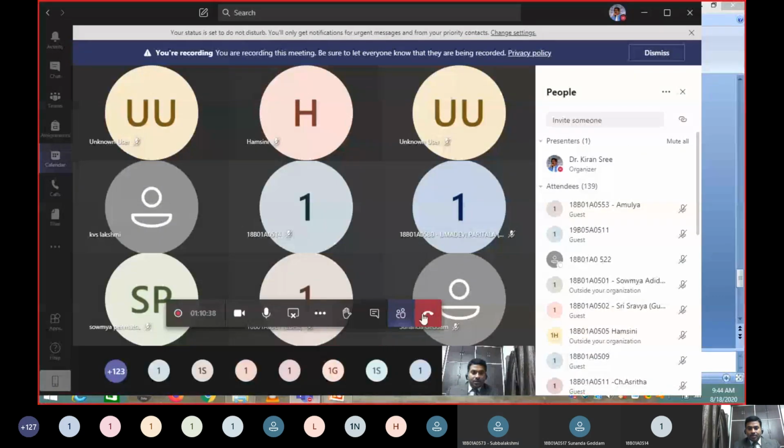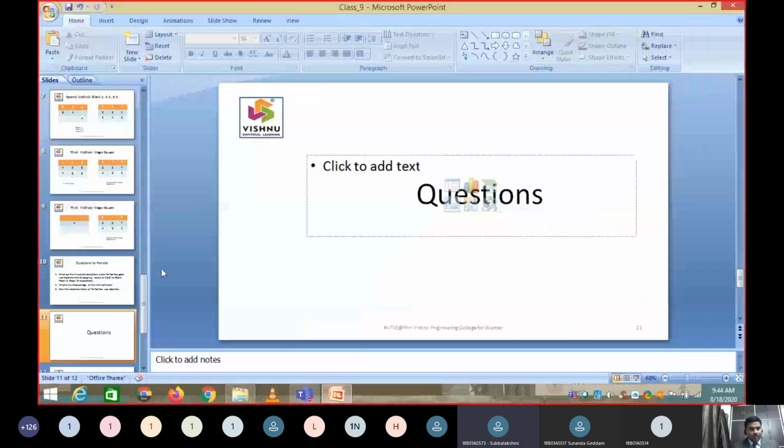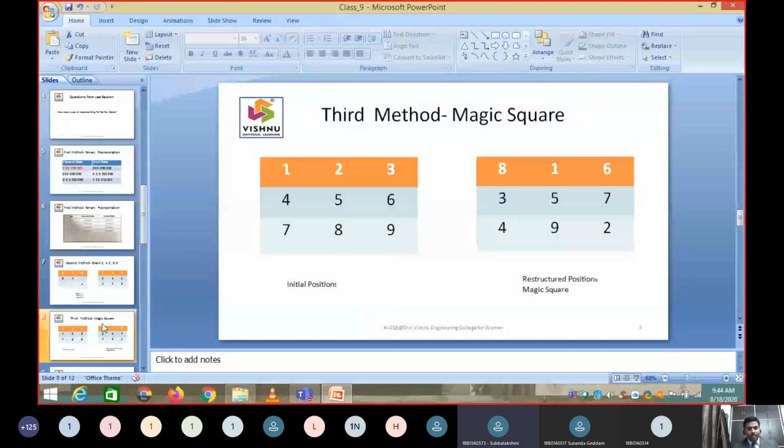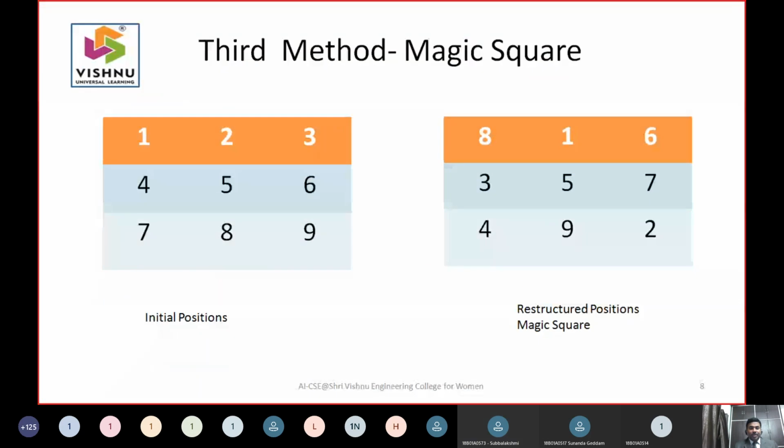Sir, in the third method, the magic square is given in advance, sir? Advance means, there are different ways of implementing this tic-tac-toe game.